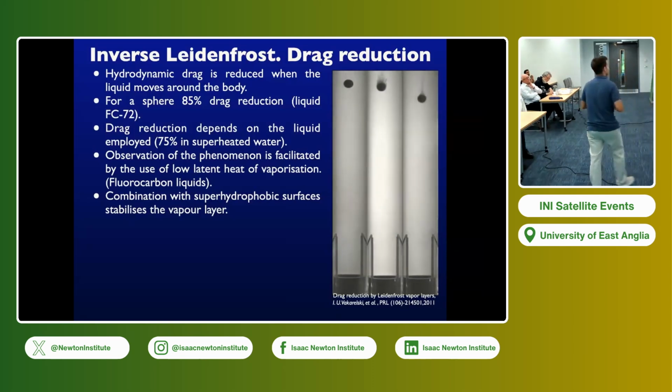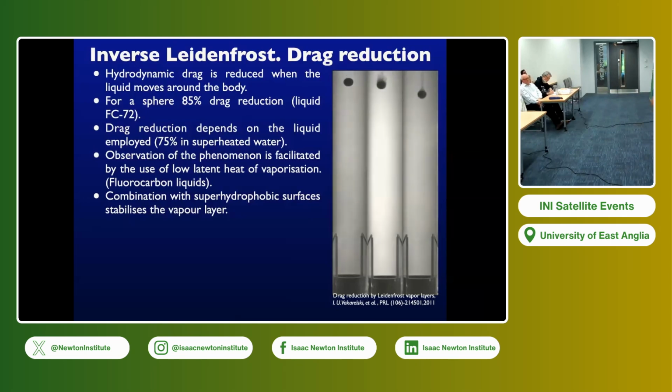Measurements of the terminal velocity in those two cases allow us to quantify, for perfluorohexane, again, I'm insisting on this, that drag was reduced by about a factor of 8, or by around 85%. As I said before, the liquid employed here is relevant.